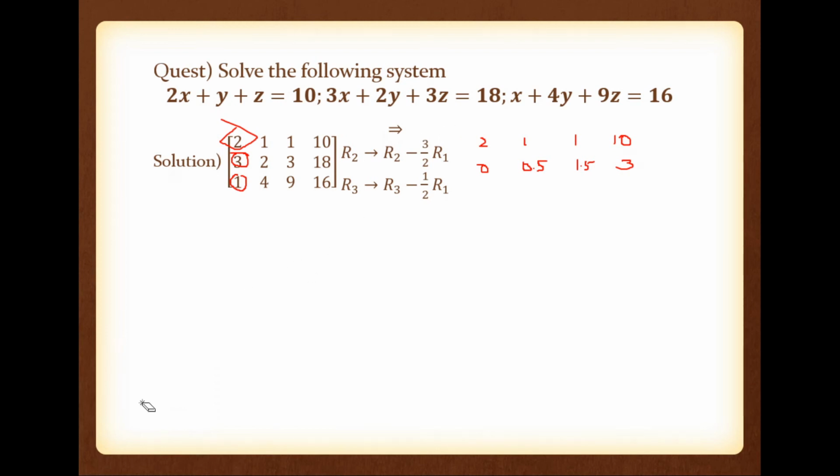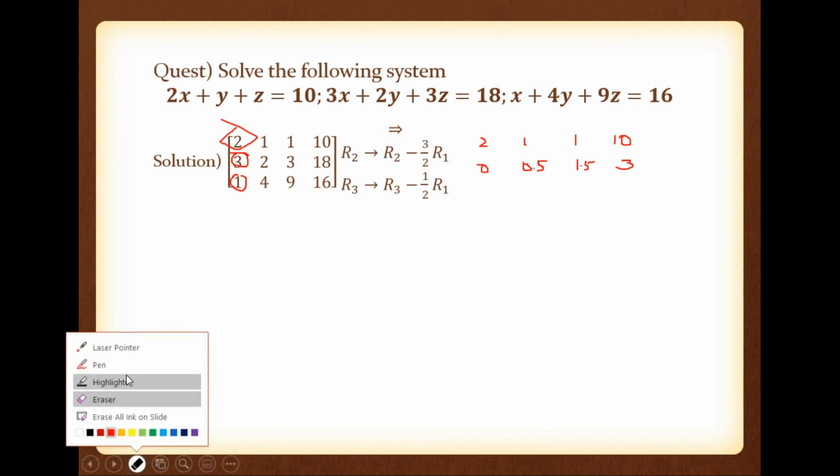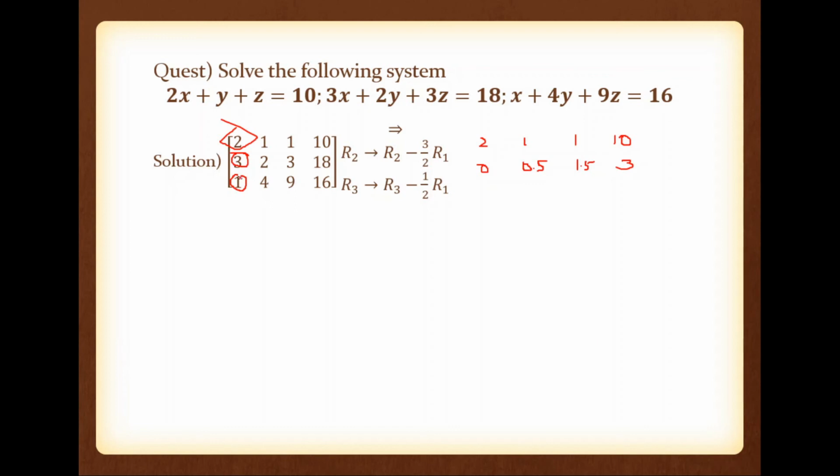Now what about the third row? What is the first element of the third row? That is 1. Minus 1 by 2. What is the corresponding row 1 element? Here it is row 1. So what is the corresponding row 1 element? 2. So 1 minus 1 by 2 into R1, that is 0. Okay. Now, what is the second element of row 3?